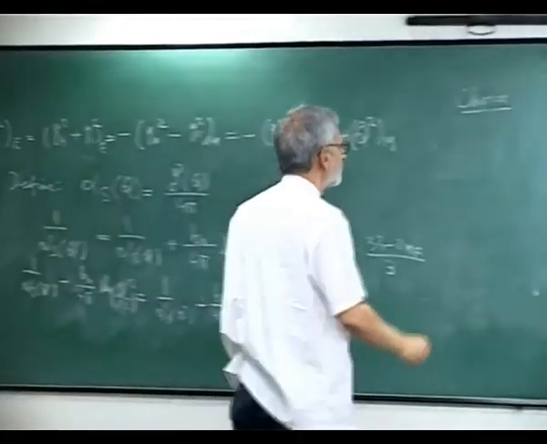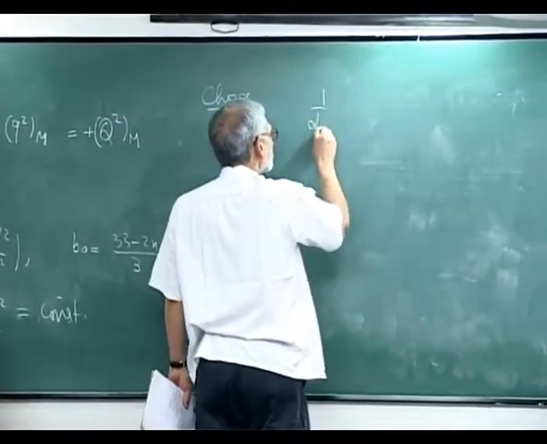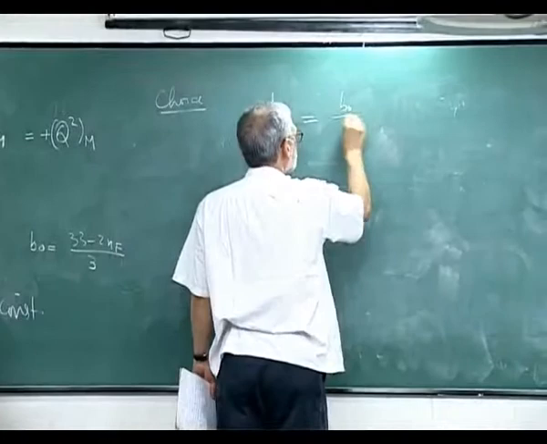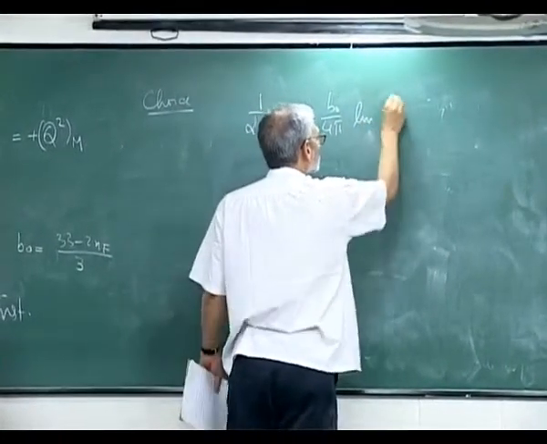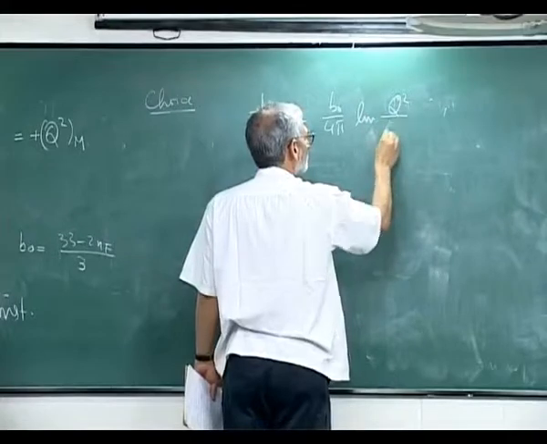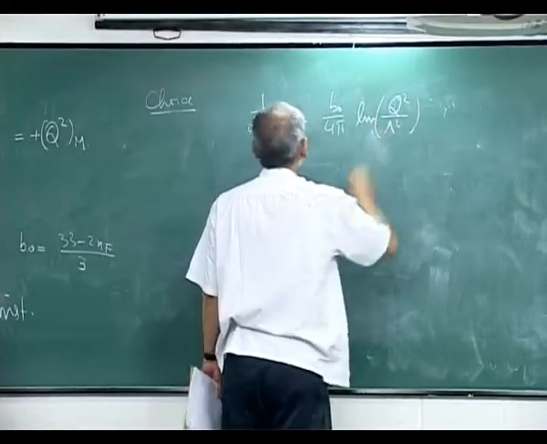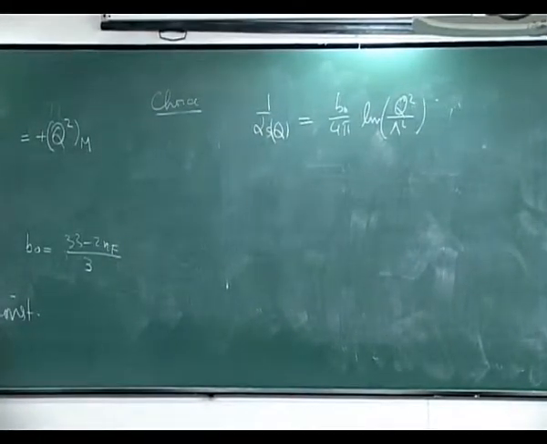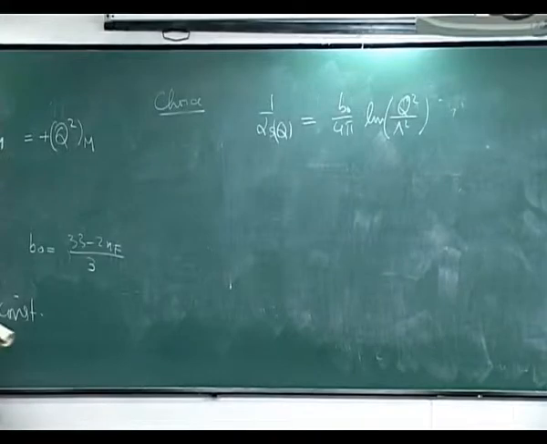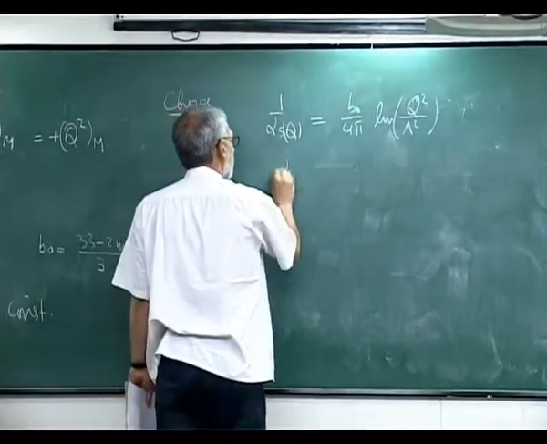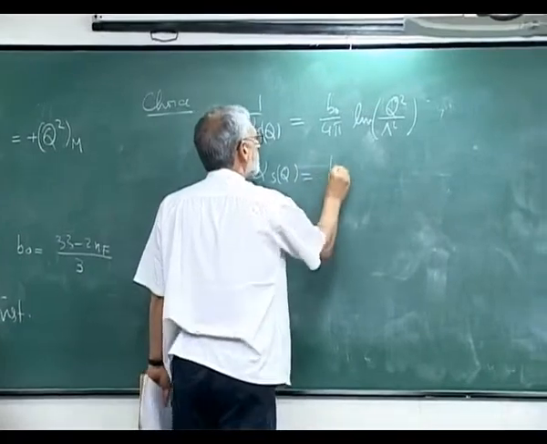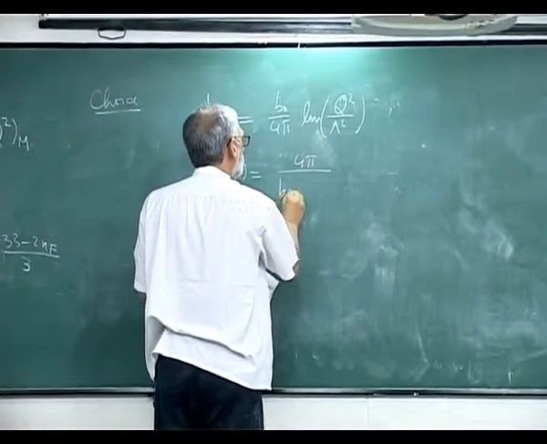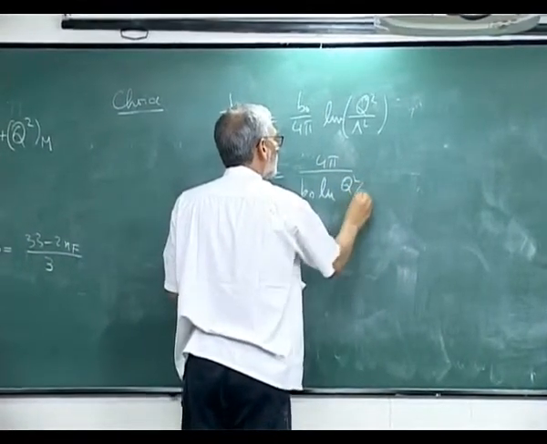Then alpha s is 4 pi by b0 log Q square over lambda square.